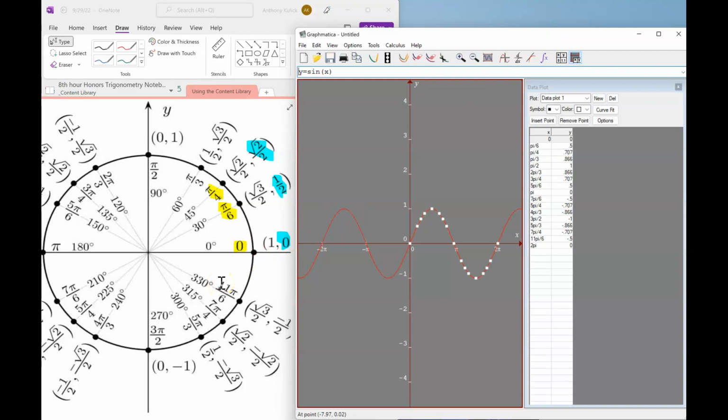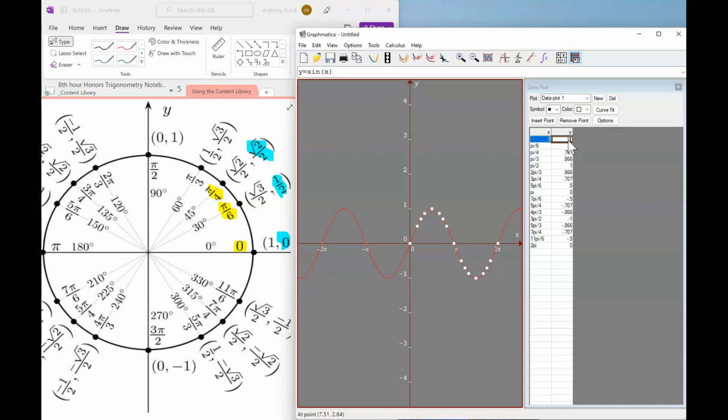What's the only difference going to change? The outputs, the y-coordinates of the point I'm plotting, are now going to come from the x-coordinate on my unit circle. Everybody agree with that? The inputs to my function are still going to be angle measures. They'll be exactly the same as sine was, but the outputs are now going to be the values for cosine of that angle, which is the x-coordinate from the unit circle.